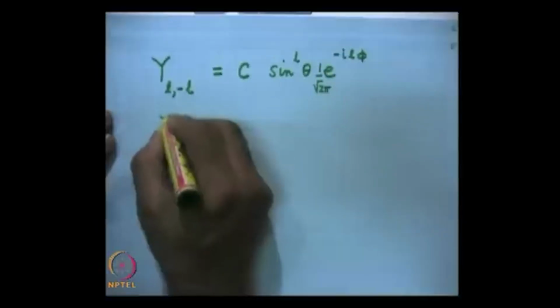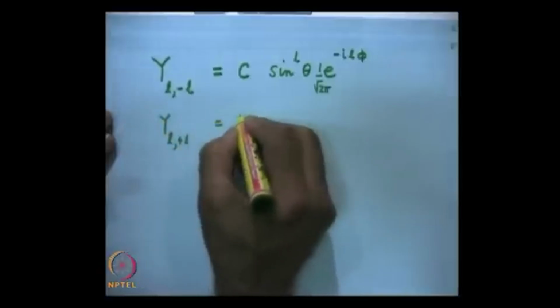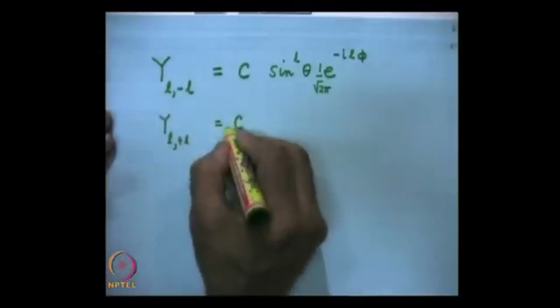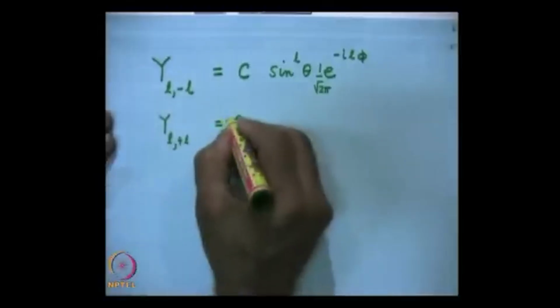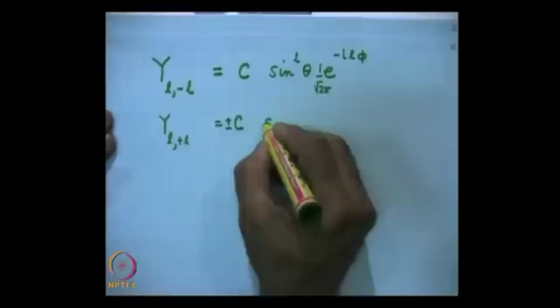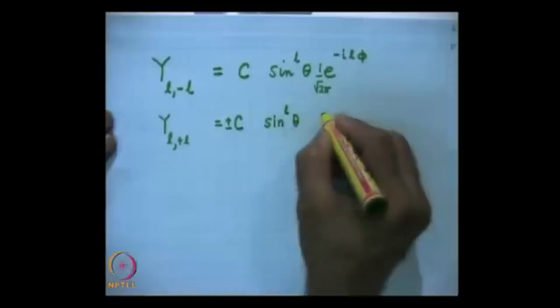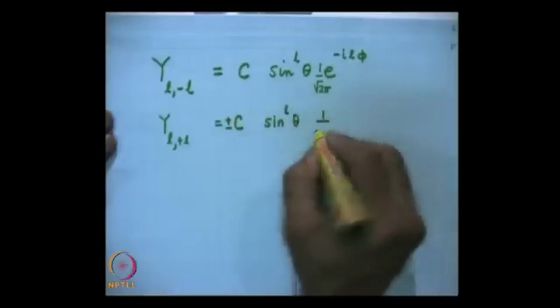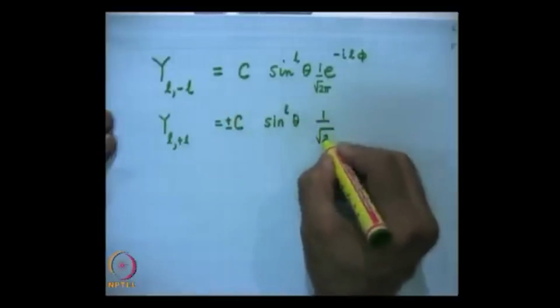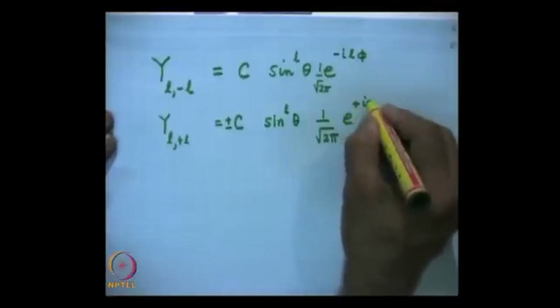Then Y L plus L will be the same constant. Actually, there can be a plus sign here or a minus sign here, depending on the value of L. This is what I wanted to tell you today, and that this multiplied by same sin L theta, one same constant, but except for a sign, 1 over root 2 pi, this will be plus i L phi.